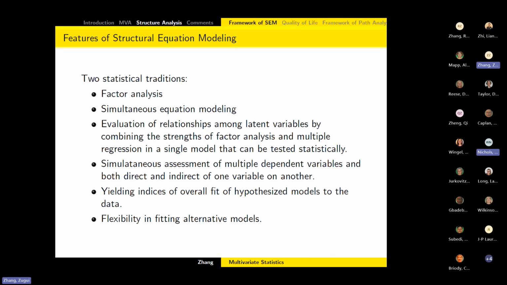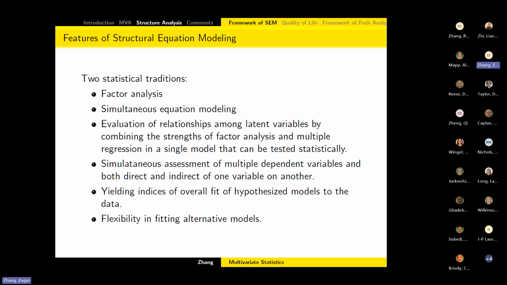Traditionally, we use analyses such as factor analysis, for example principal component analysis, and simultaneous equation modeling.